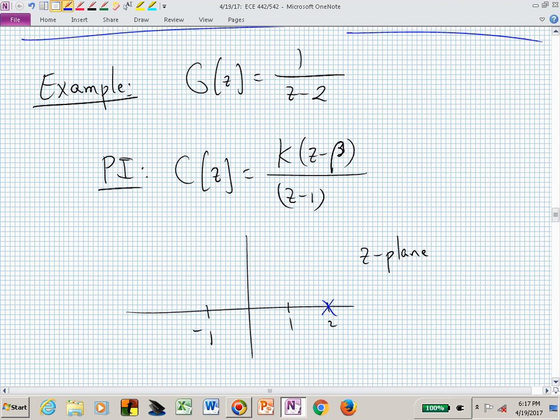There's my uncompensated plant. I now have a PI controller which has introduced a pole at 1. Where do I put my 0?